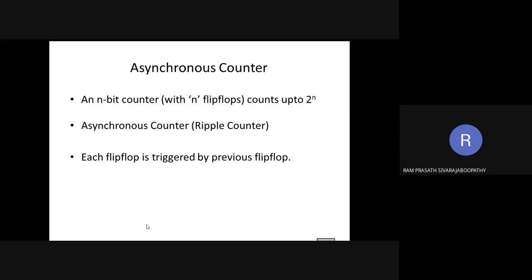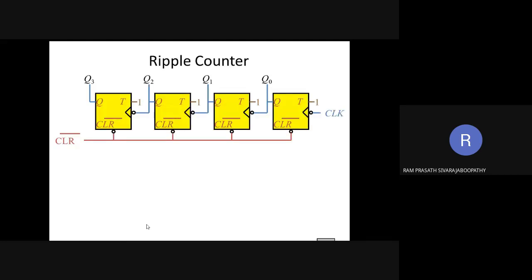Clear? So this is the circuit of a ripple counter. Here we use the T flip-flop. I have told you many times, when we are saying counter, we can go with T flip-flop. Binary counters, we can go with T flip-flop.